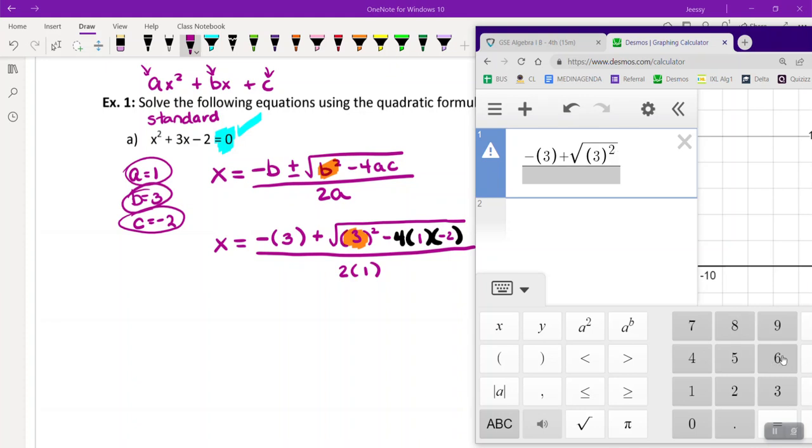Like if you move the key too much, notice how your minus sign ends up being outside of your radical sign. You have to make sure that you stay inside of the radical sign. So in this case, I would have to backspace and go back inside the radical sign, and put the subtraction key there. And then do 4, my A value, and my C value.